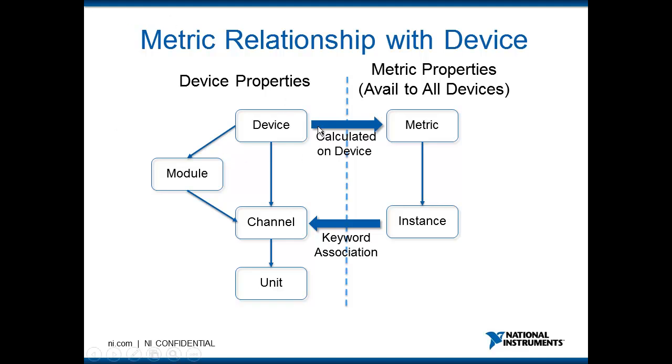If a device can calculate a metric, then it declares that fact by explicitly mentioning that metric in its device definition. Also, instances of a metric have a list of keywords which associate them to channels where they are valid. So this accomplishes two things.